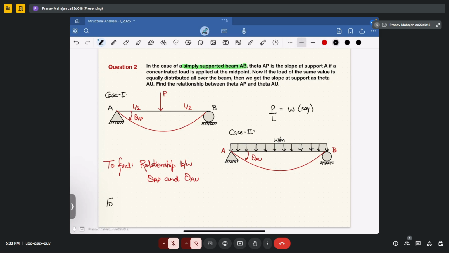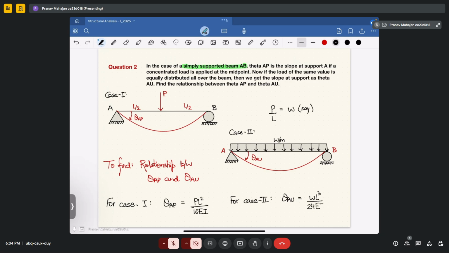So for case 1, your theta AP as per standard result is PL square upon 16 EI, and for case 2, your theta AU is equal to WL cube upon 24 EI.